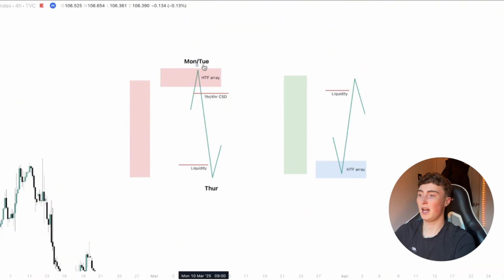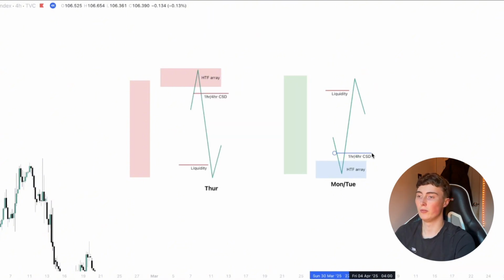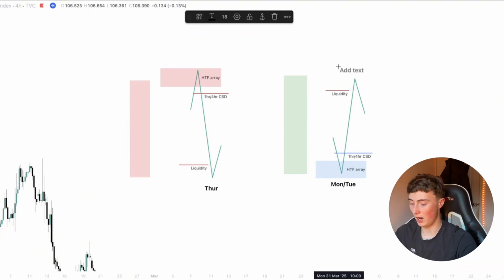Now, once it does that and the low has formed on Monday or Tuesday, and you see a 1 hour or 4 hour bullish CSD, you can be pretty confident that that is going to hold as the low of the week. And you can now play with those high probabilities until Thursday forms the high of the week.